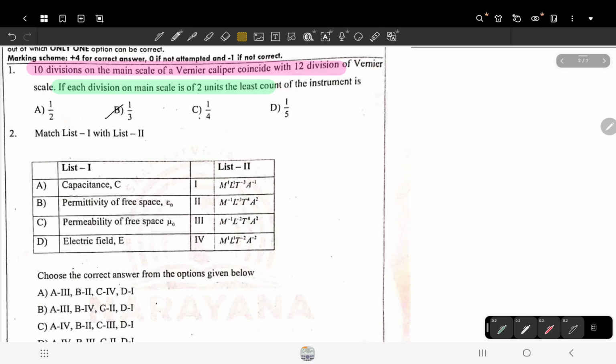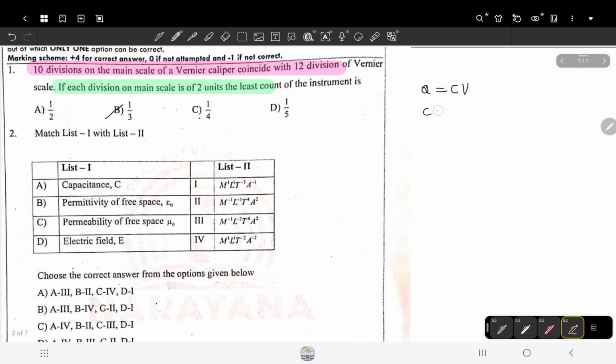Coming to capacitance, you know the basic formula of capacitance: Q is equal to CV.